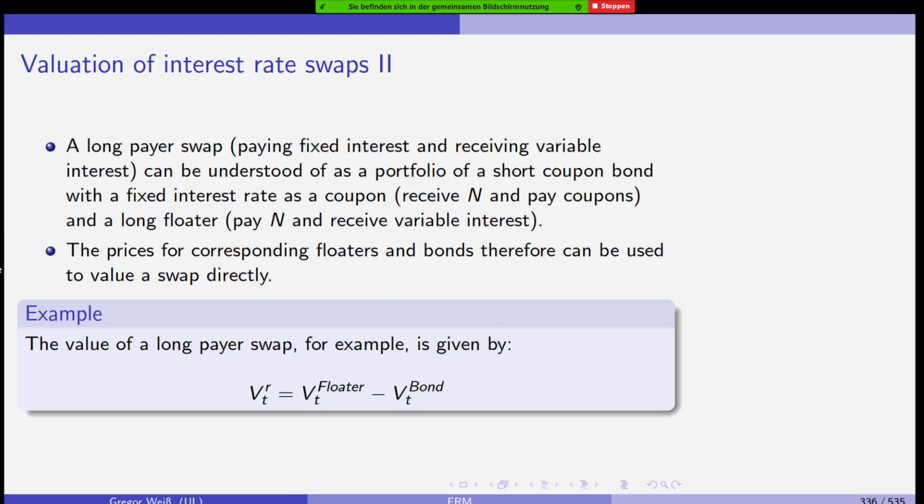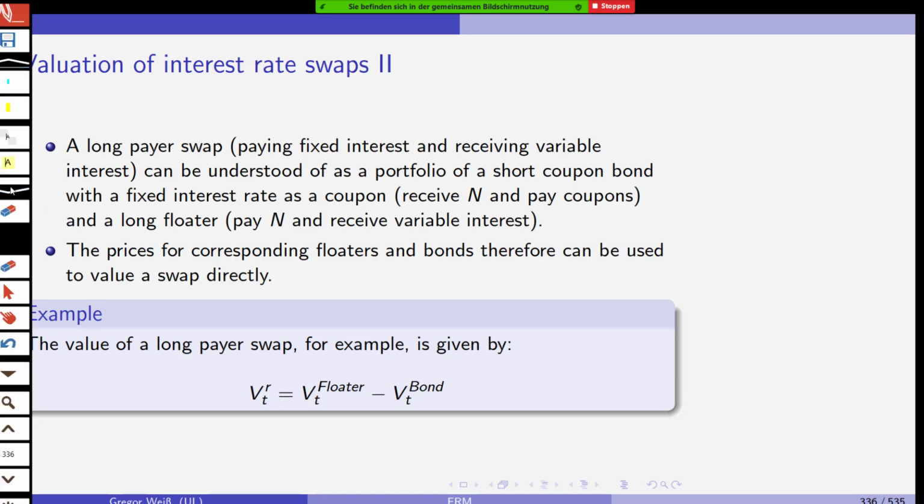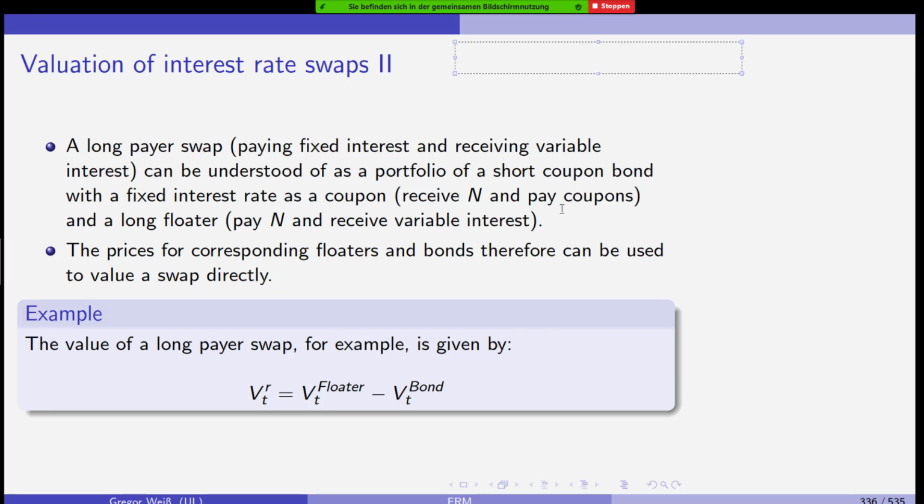Why? Let's make a small numerical example. So you want to buy a floater. So you have a floater and the floating rate note, let's say you pay a price 1, P1, and you have the floater, so you get variable plus 100.